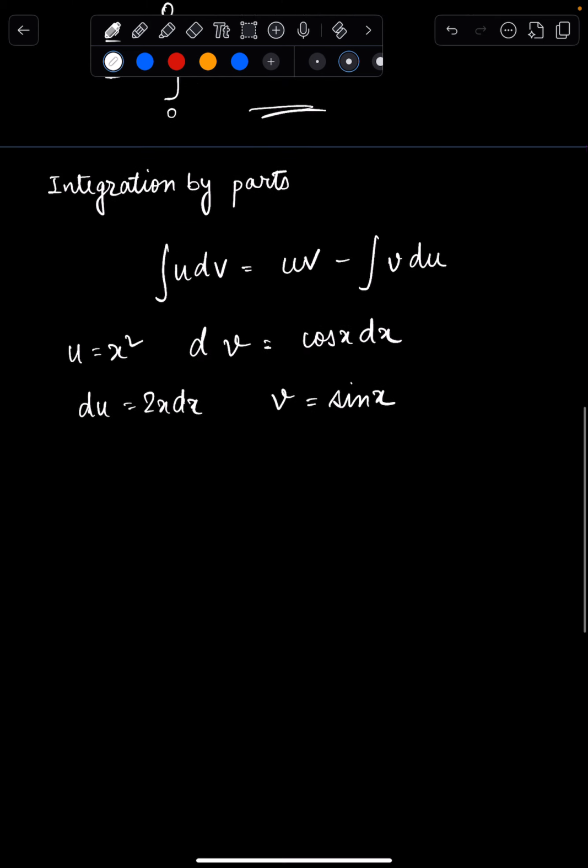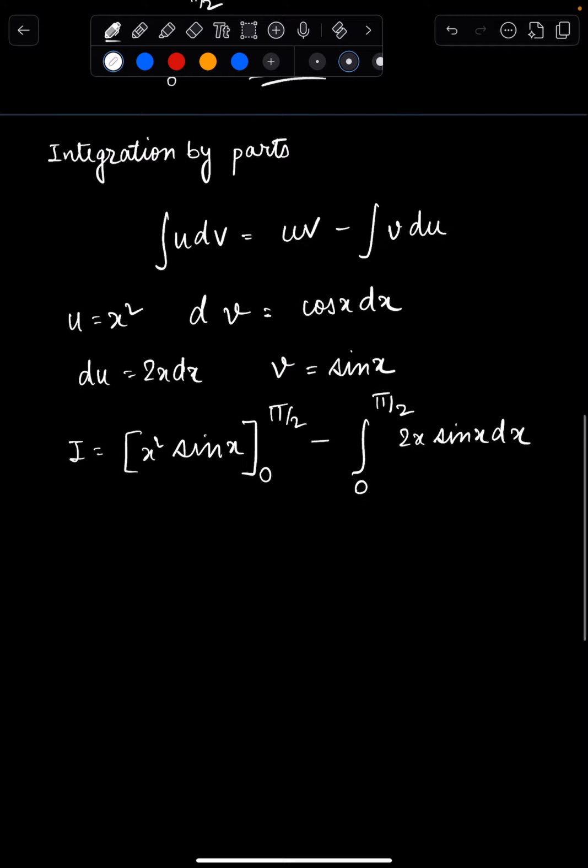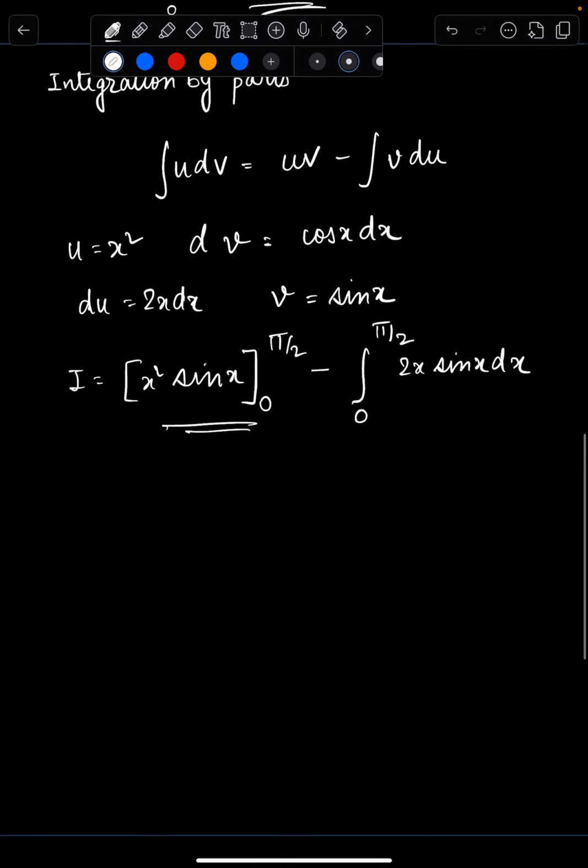So if I apply this, my integral I will look like x square sine x from 0 to pi by 2 minus integral over 0 to pi by 2 of 2x sine of x dx. So let's first solve the first part of the expression. We'll look into the second part a little later.